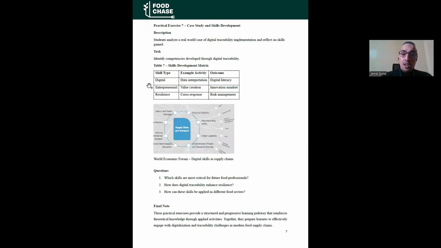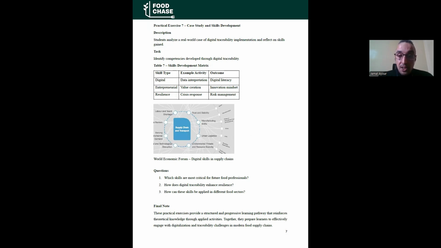And now we analyze exercise number 7. The objective is an analysis of a case study and skills development. Students analyze a real-world case of digital traceability implementation and reflect on skills gained.